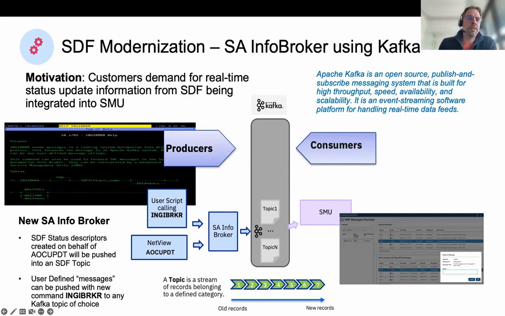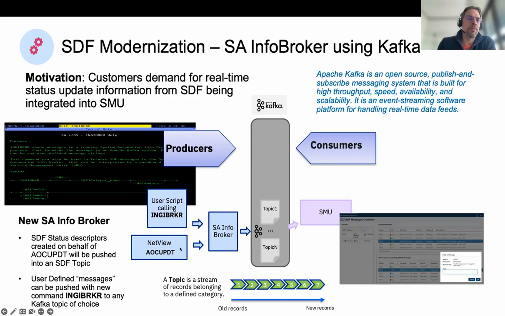And for that, we have delivered a new component as part of system automation named SA Info Broker. It allows sending SDF messages into a Kafka topic. So we're using Kafka as a framework. Apache Kafka is an open source pub/sub messaging framework that is getting more and more common as a messaging infrastructure. This SA Info Broker component allows submitting any SDF messages into a Kafka topic.